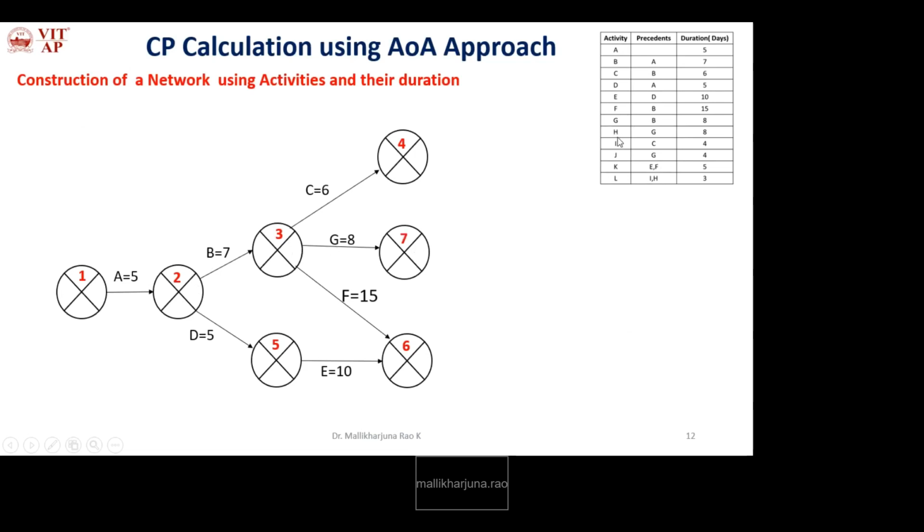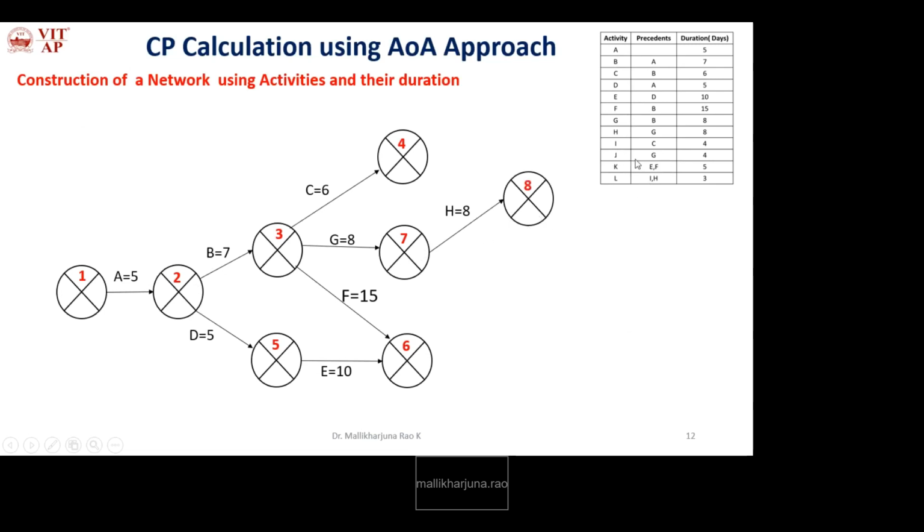Next H. H is the current event and it starts after G. H is the predecessor activity for L, ending along with I. So while representing H, we need to ensure it should end along with I, so we need to keep that in mind. The start event for H is 7, end event is 8.